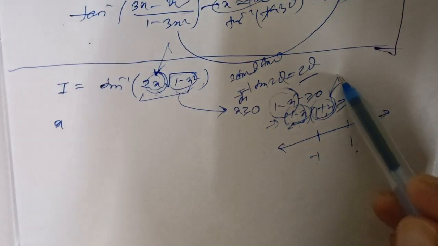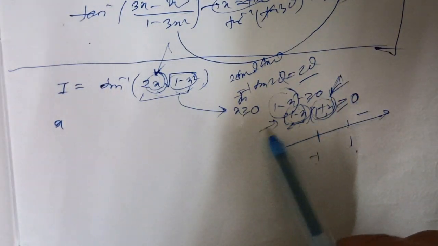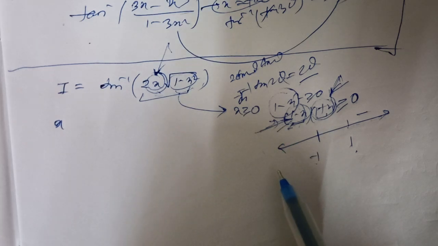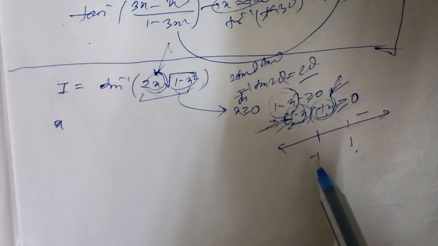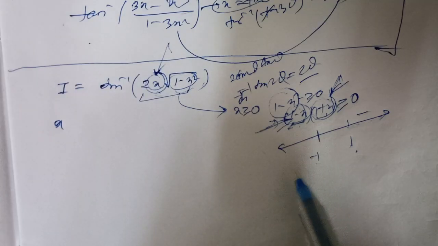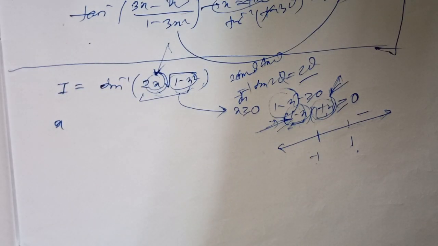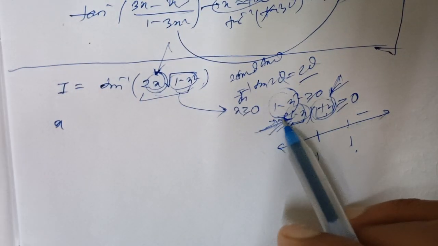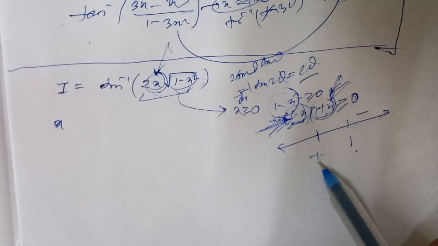No, sorry, this is going to be positive in negative 1 to 1, but this thing is going to be negative, right? Or am I mistaken? Okay, sorry, both of them are going to be positive actually.